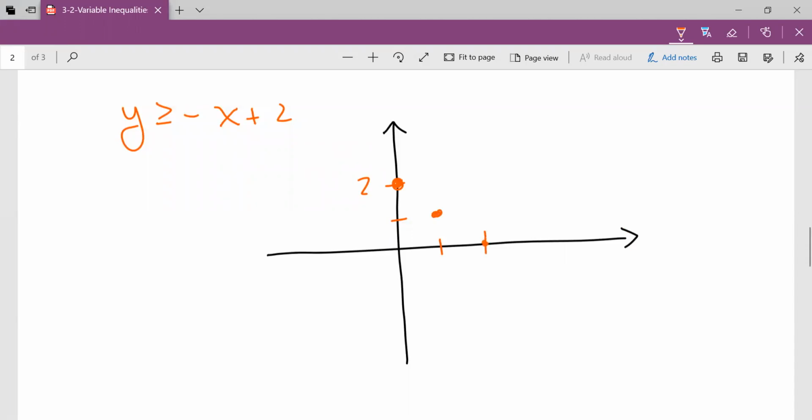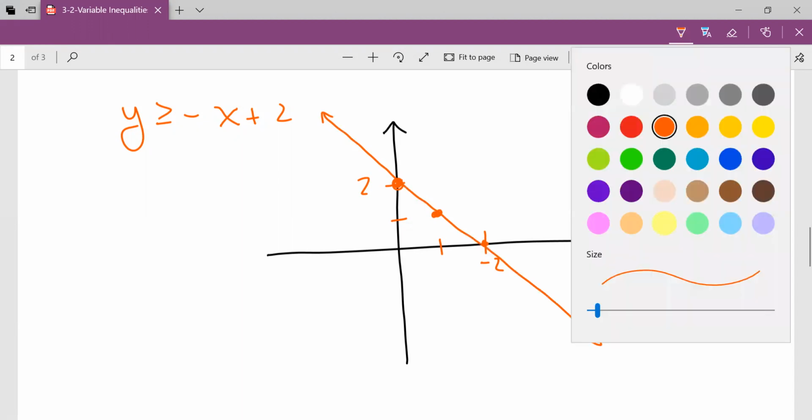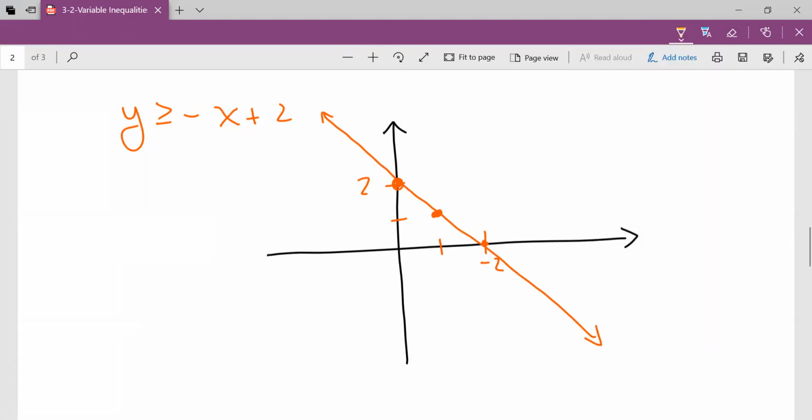Okay, and now, friends, this is greater than or equal to. So because of the equal to, this time when we draw it, it will be a solid line. Now, it says greater than or equal to. Well, greater than is anything above my line, any y value that's above that line.